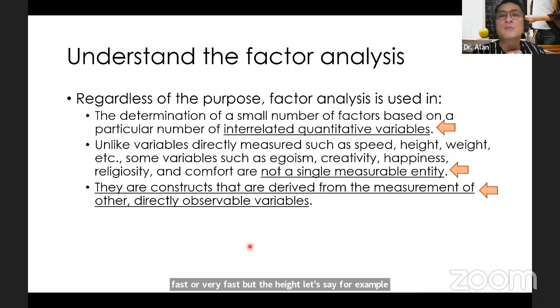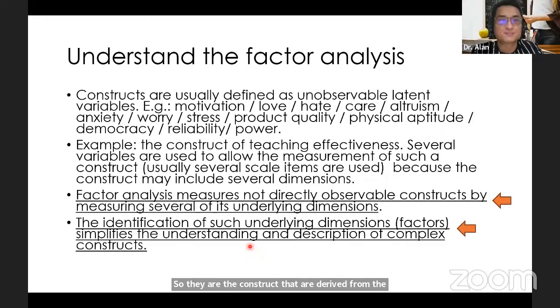But when you want to talk about happiness, for example, because recently I'm conducting research on happiness, you can't get one exact item to measure happiness. You need a set of measurable entities helping you to identify the construct of happiness. So they are constructs that are derived from the measurement of other directly observable variables.